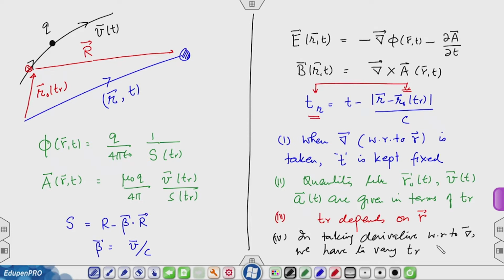And we are interested in calculating the derivatives with respect to t_r.